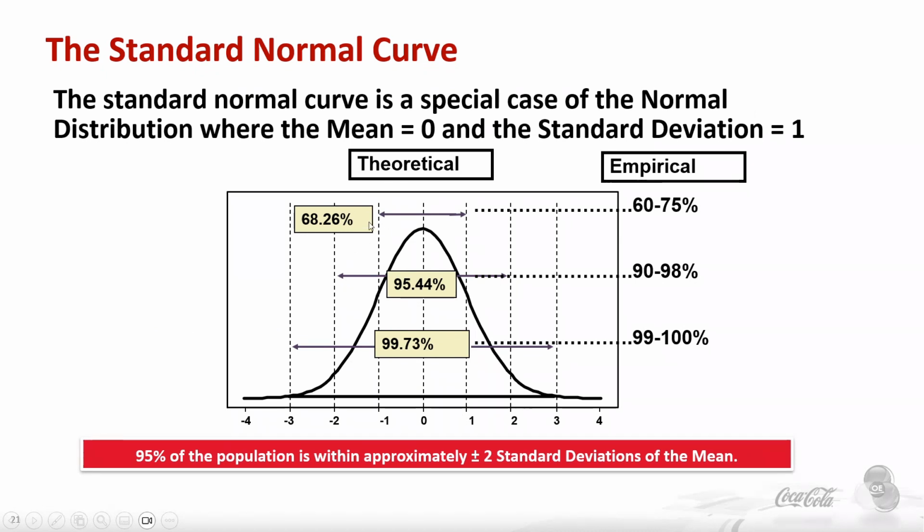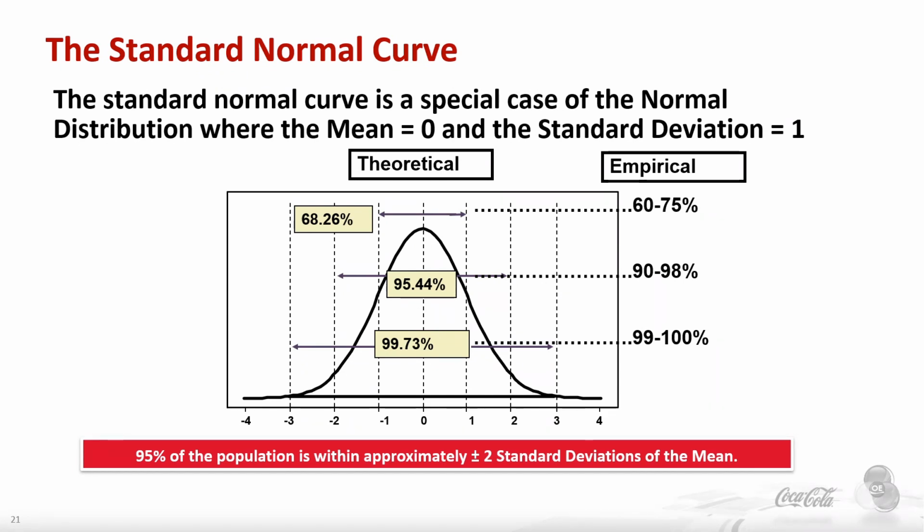68.26% of the data is within 1 standard deviation on both sides, between -1 and +1. 95.44% of the data is between -2 and +2 standard deviations, whereas 99.73% of the data is between -3 and +3 standard deviations.